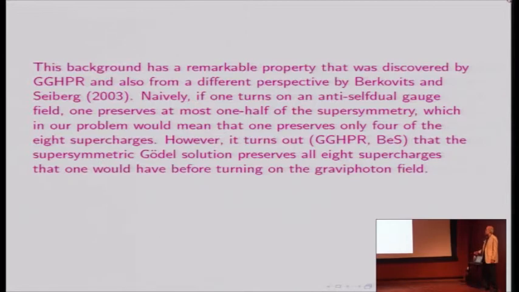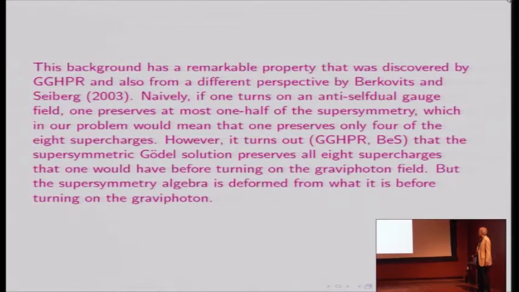But it turns out that the supersymmetric Gödel solution preserves all 8 supercharges that you would have before turning on the graviphoton field. That's really quite remarkable, and one ought to ask, well, what is such a striking fact good for? Which we'll discuss later, or maybe I'll show you in a moment.